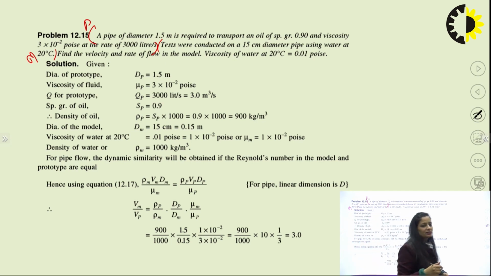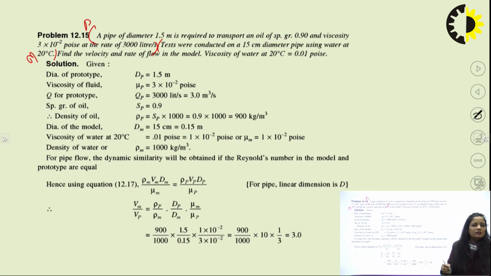What is the question asking again? Find the velocity and rate of flow in the model, where the viscosity of water at 20 degrees centigrade is given as 0.01 poise. Read that question again and write what is given. Here the diameter of the prototype is given, a pipe of 1.5 meter diameter, so dp will be 1.5 meter.